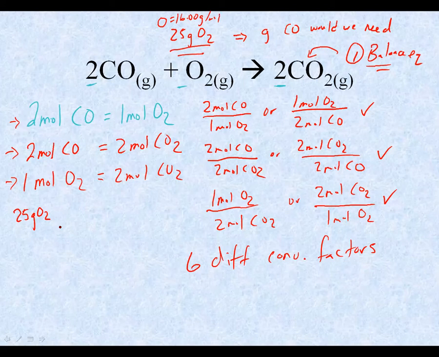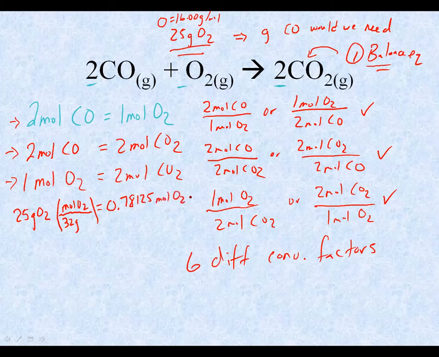So 32 grams per mole of O2. We take 25 divided by 32, and that would get us something like 0.78125, I won't round yet, moles of O2.